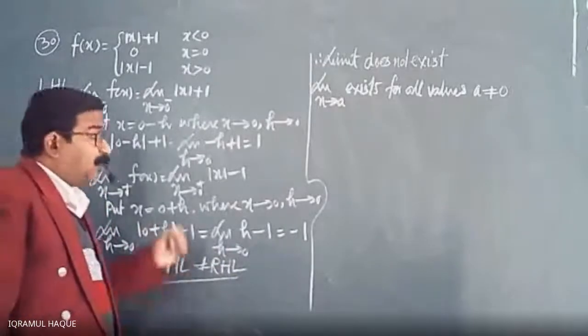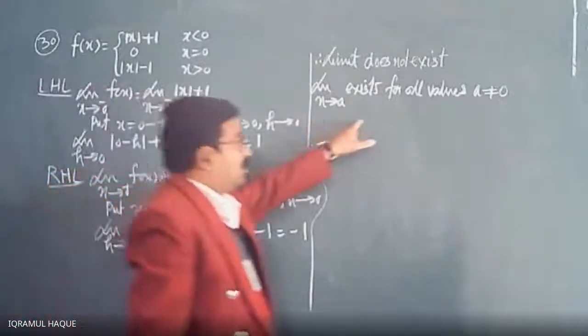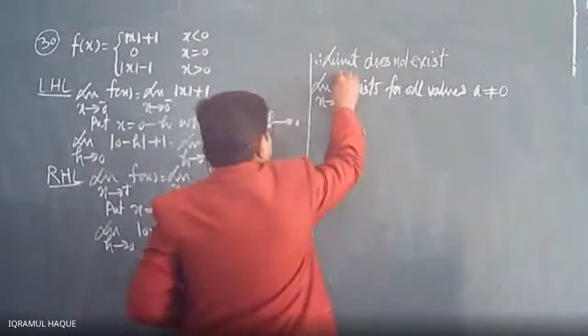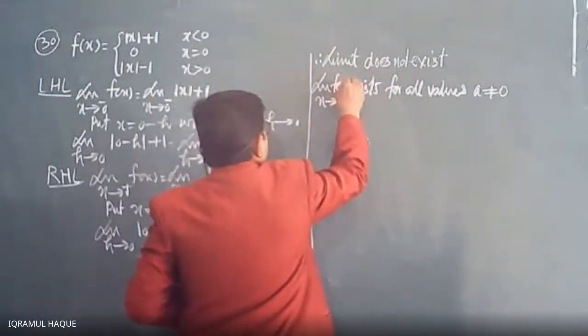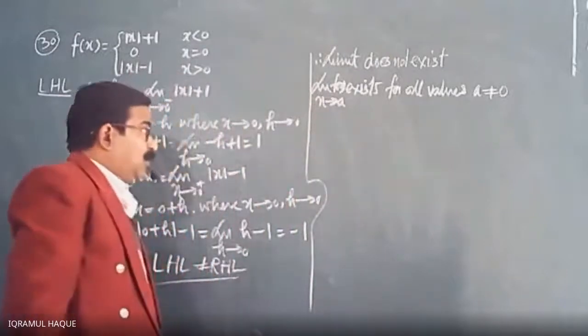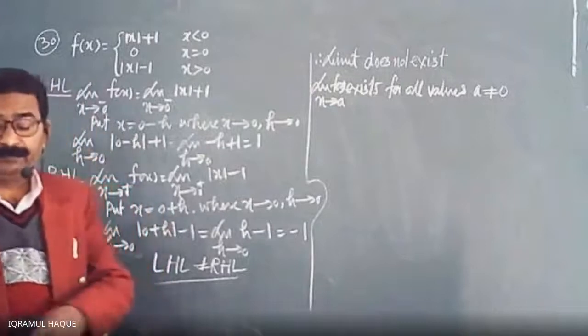Then for what values does this limit exist? Other than 0. So the limit as x tends to a of f(x) exists for all values a not equal to 0. Got it?